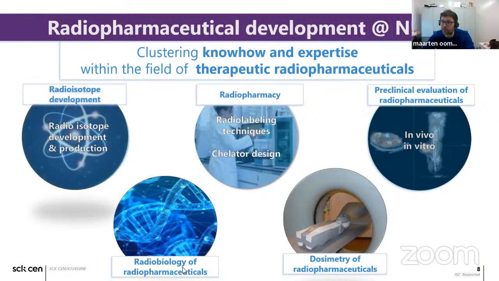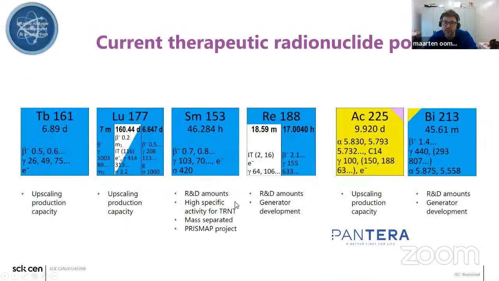So I want to start the story, of course, from the isotope, because that is in some way the most important part of the radiopharmaceutical. And at SEK, as I mentioned already, we're mainly focusing on therapeutic radionuclides.